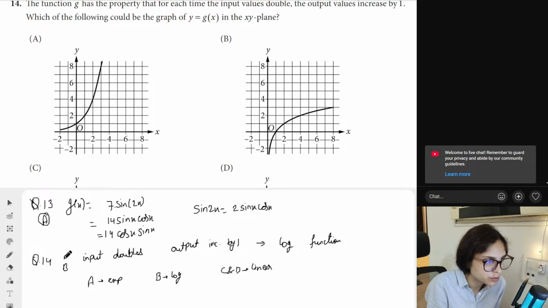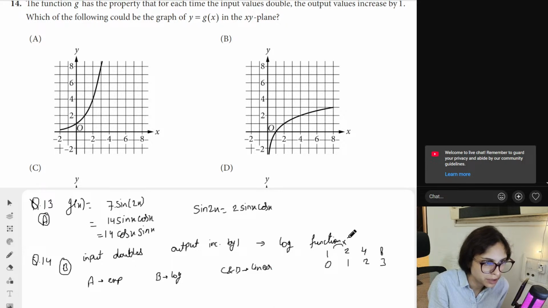In option B you can also check. For example, when x is equal to 1, it is 0. When x is 2, so we are multiplying x by 2, it becomes 1. 2 times 2 is 4, 4 becomes 2. 4 times 2 is 8, 8 becomes 3. So this is logarithmic. At 1 you have 0, at 2 you have 1, at 4 you have 2, and at 8 you have 3.